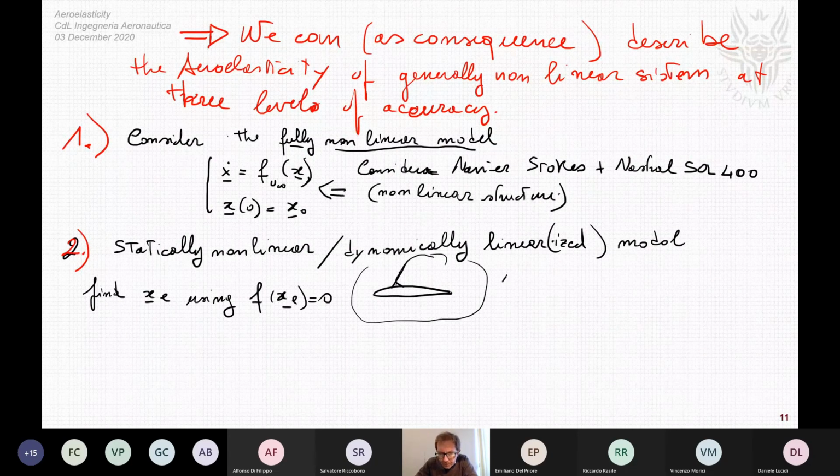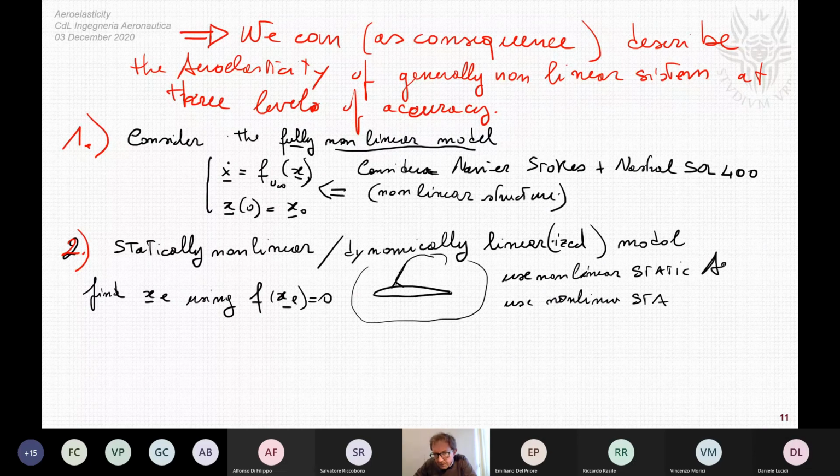So use nonlinear but static aerodynamics, and use a nonlinear but static structure model. Okay, and find this.